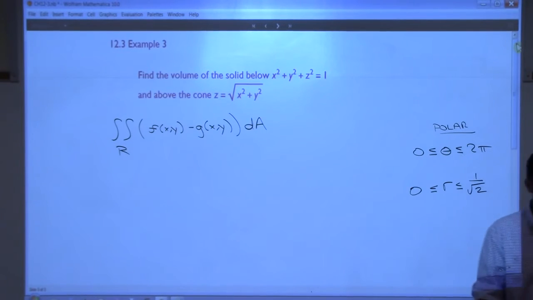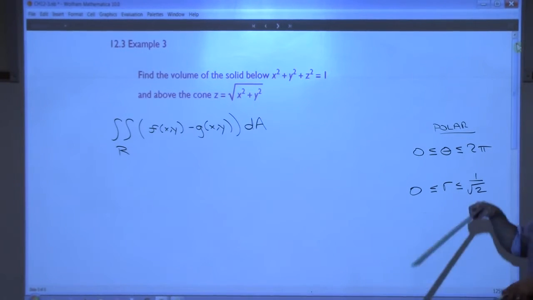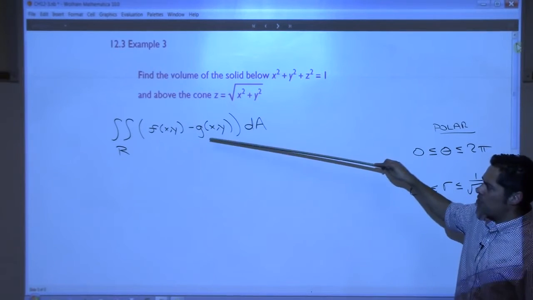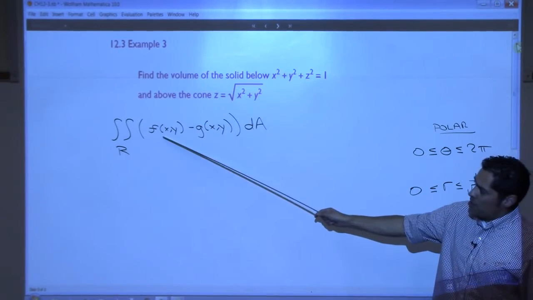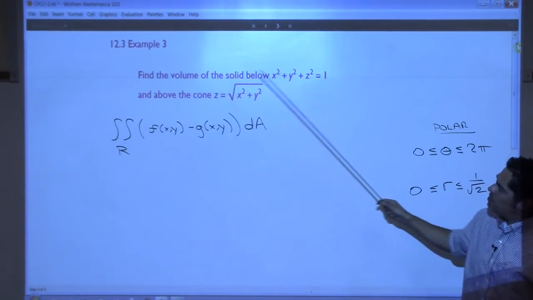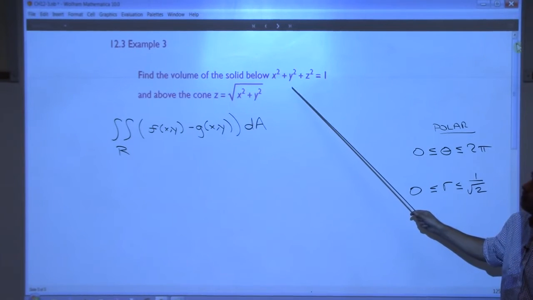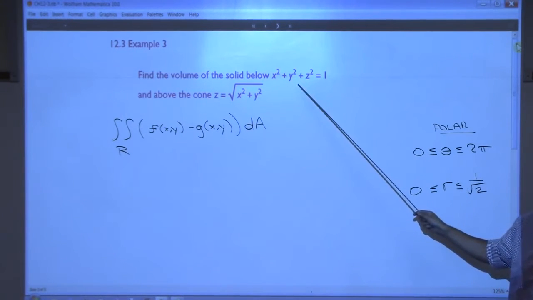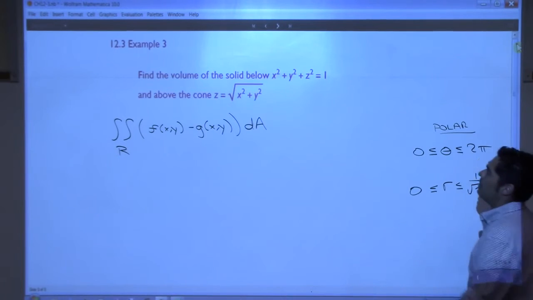That's what I'm trying to do, right? It's between two surfaces, so I'm trying to find the volume between two surfaces. My upper function, f, is the sphere. And that means I need to solve that for z. So go ahead and do that now.